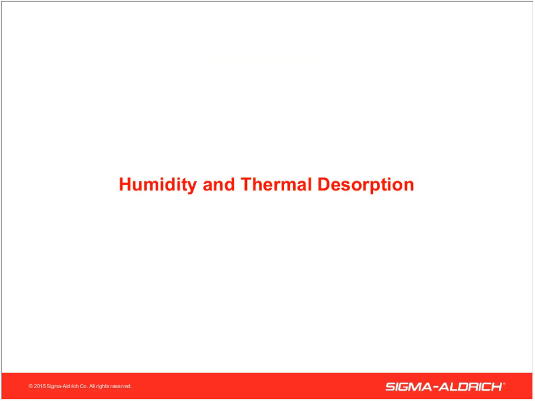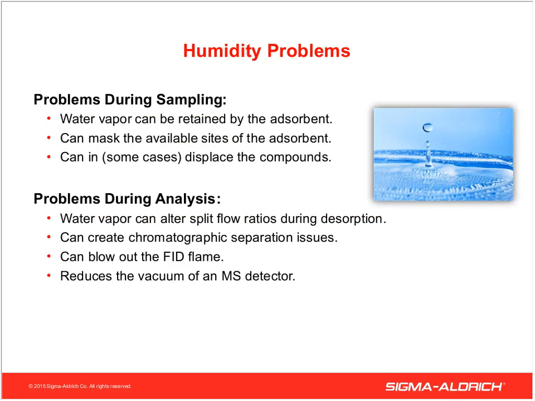So most of the time when we're sampling, whether it's people or in the field, humidity is always present at some level. Problems during sampling that humidity can cause are that water vapor can be retained by the adsorbent. The water vapor can mask the available sites of the adsorbents and can, in some cases, displace some of the compounds.